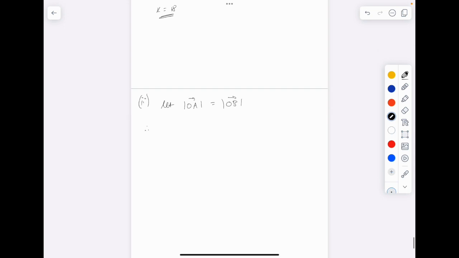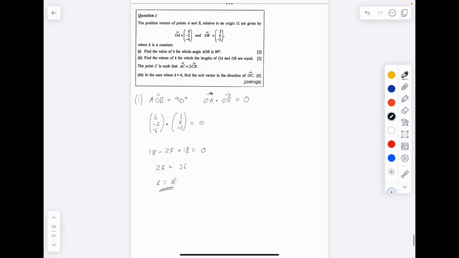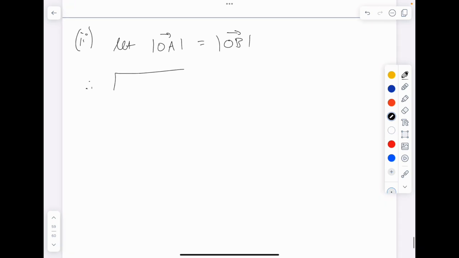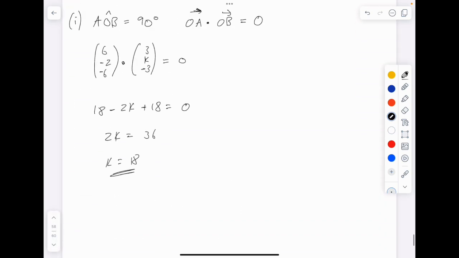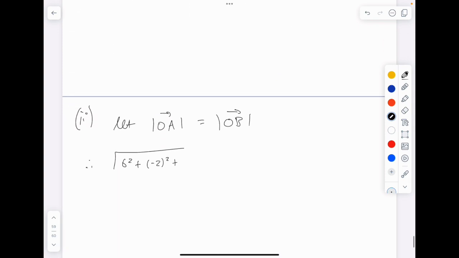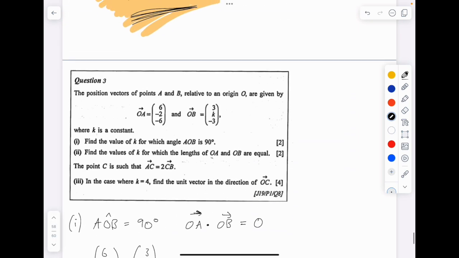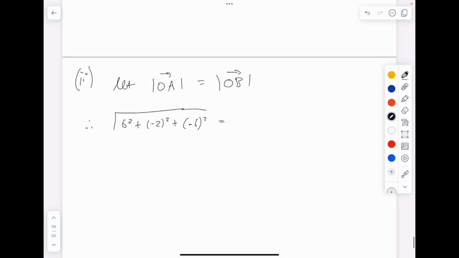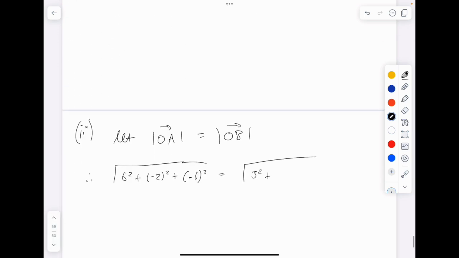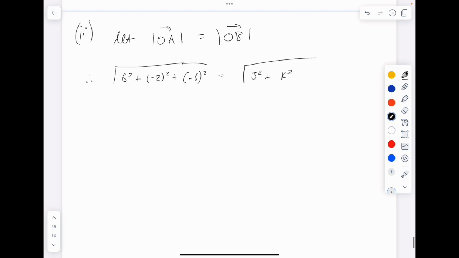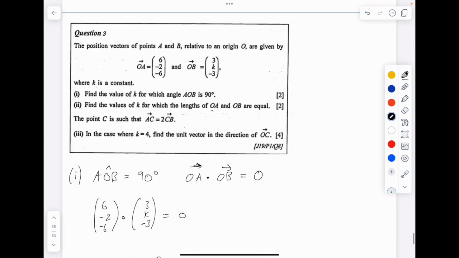Okay, so therefore what can we say? We can say that 6 squared plus negative 2 squared plus negative 6 squared is equal to 3 squared plus k squared plus negative 3 squared.